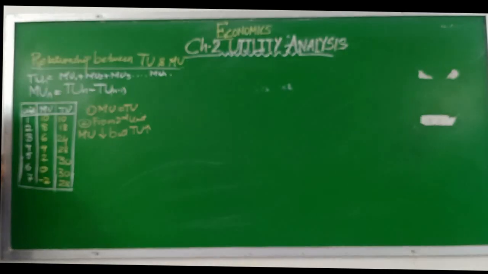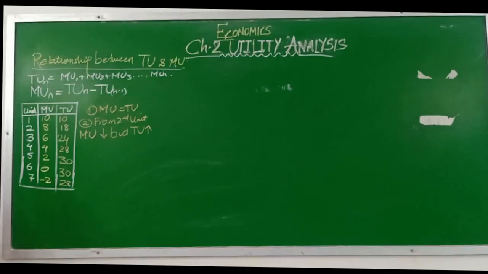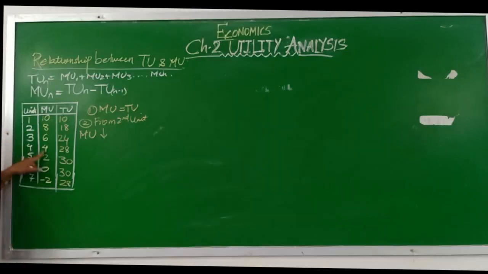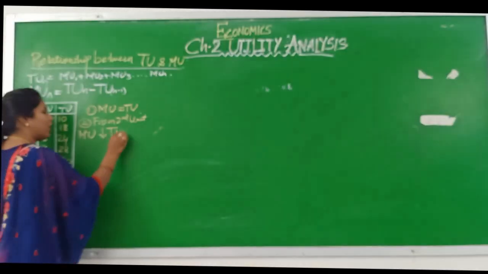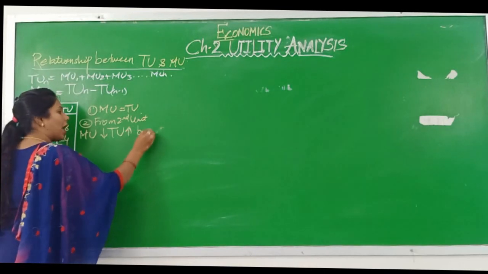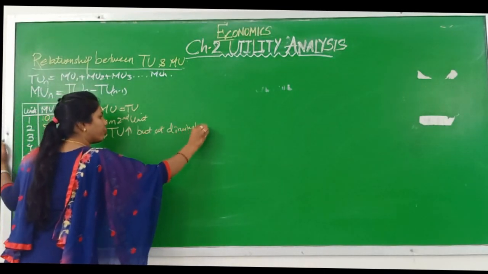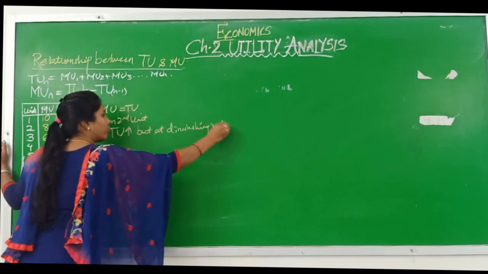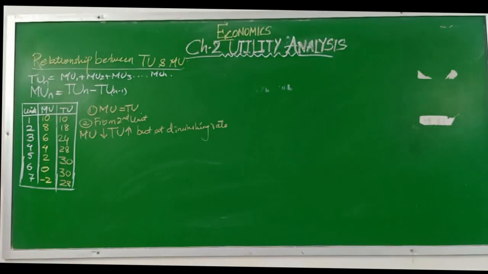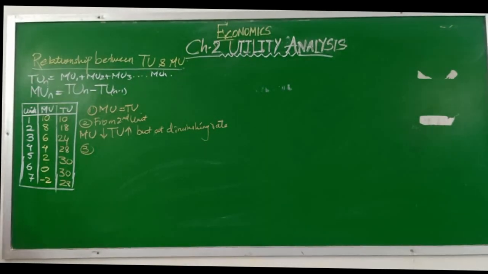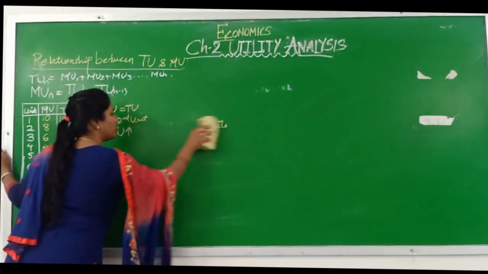Once again, marginal utility decreases, and total utility increases but at a diminishing rate. Now we can also state that, I will write it down here.